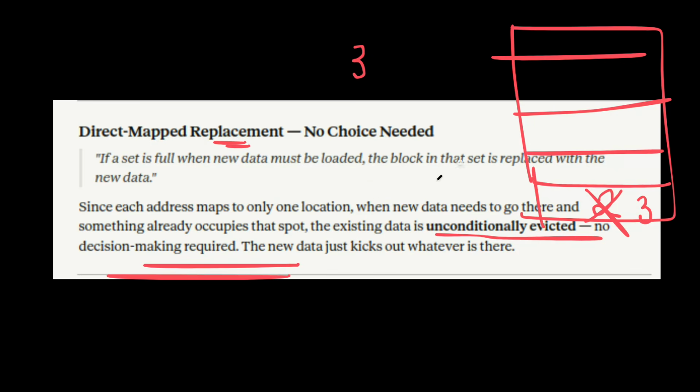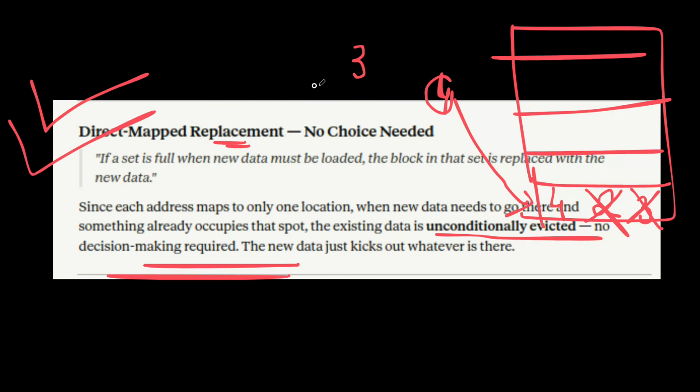There is no other replacement that is used here. Again, if I want to add 4 which is coming to the same block, let us say its memory address belongs to the same set, then the only way I can replace this is by removing this 3 and adding this 4. This is the only replacement method used in direct mapped. There is no other choice which is needed here.